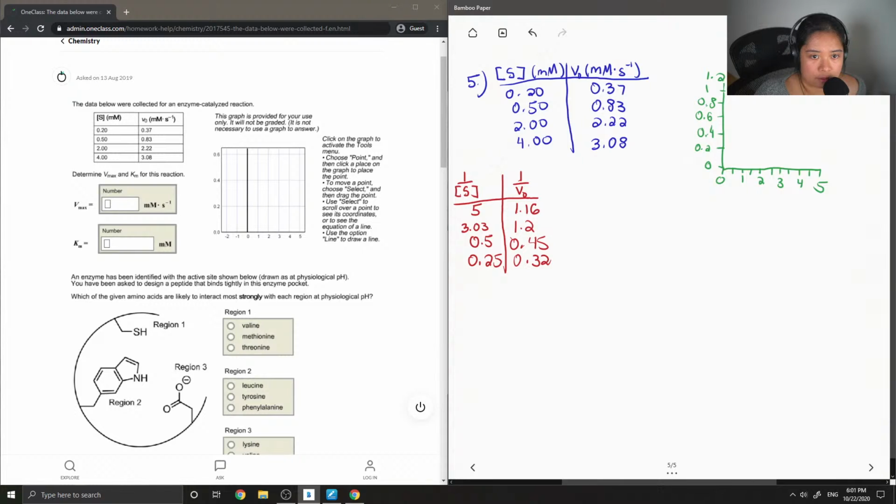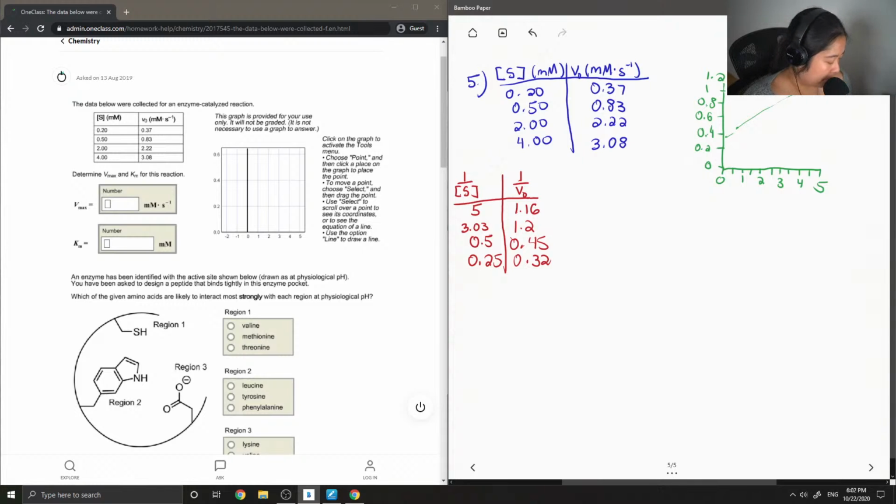This is not to scale, but basically what you should get in your graph is like this. You should see a straight line if you were to do this properly.